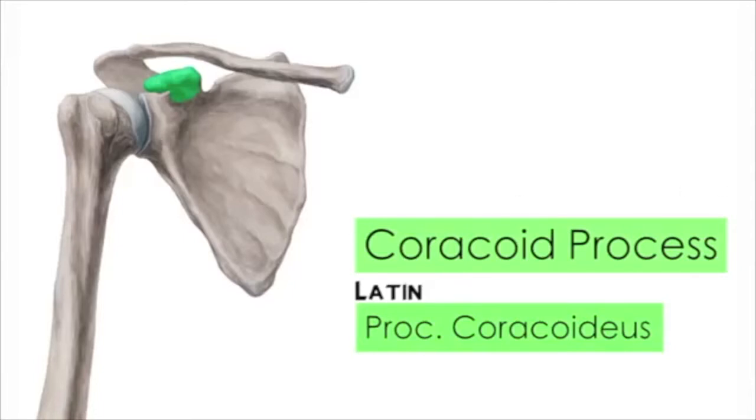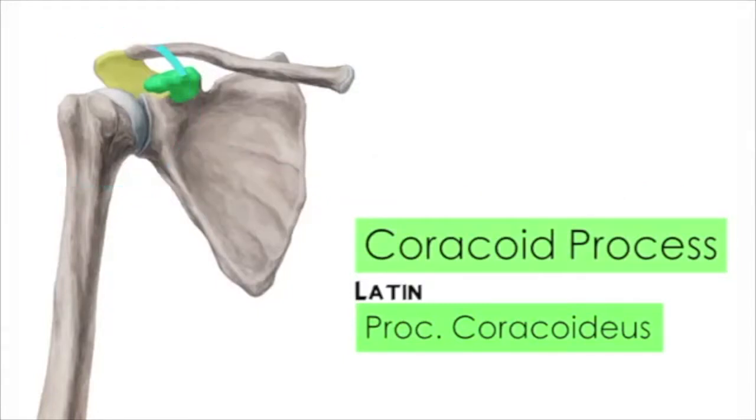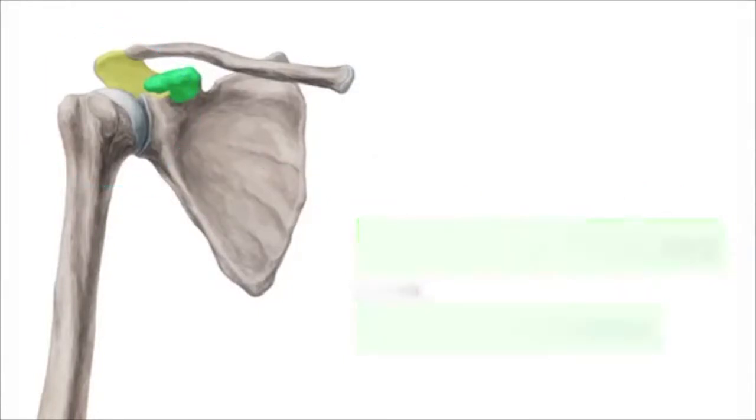Now, another important thing to know about the coracoid process is that this structure, alongside with another structure that we talked about, the acromion, these two will perform a very, very important function, is that they will protect the joint that is found beneath them. This is a very, very important joint known as the shoulder joint. So this is one important function that these two structures will perform together.